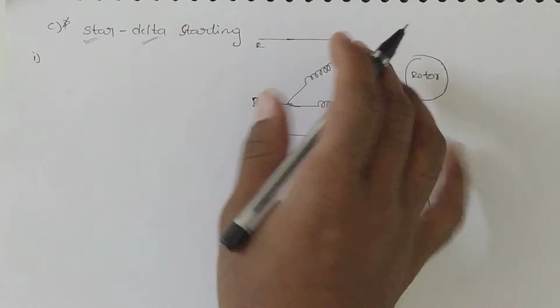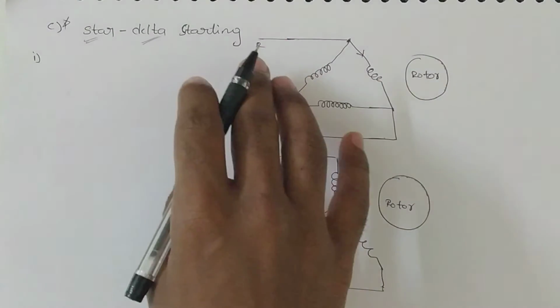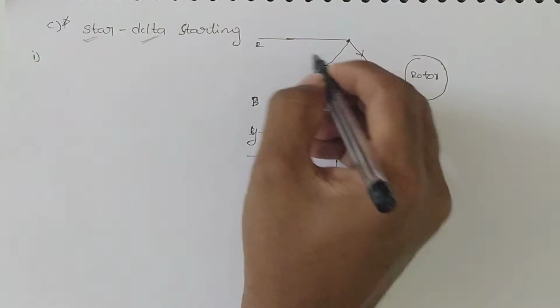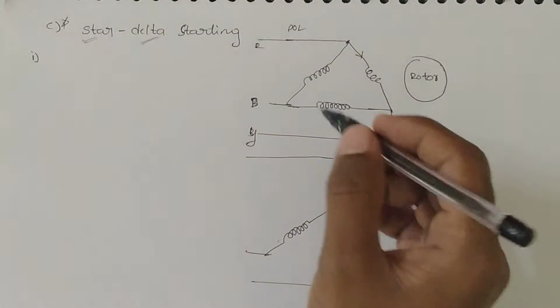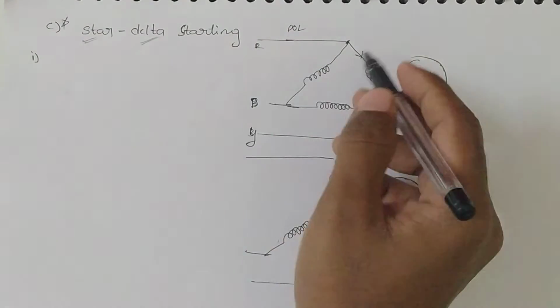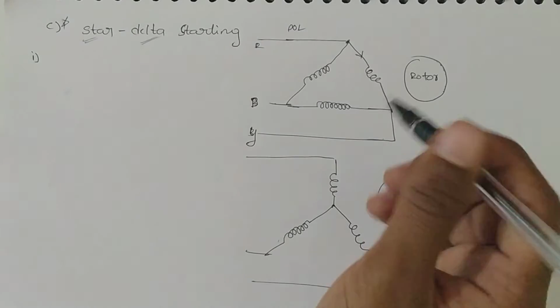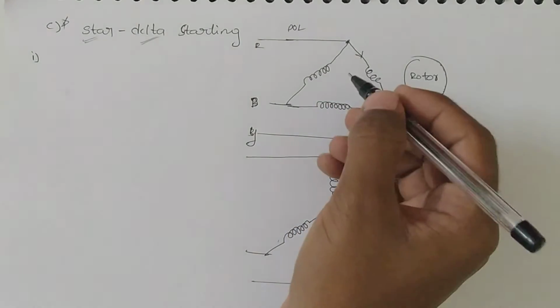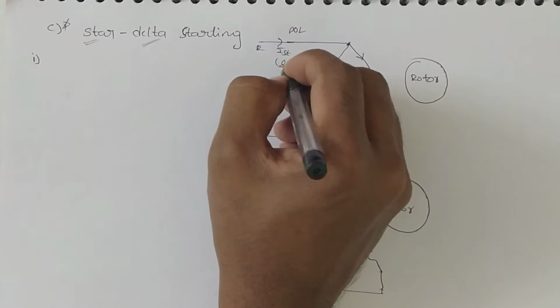Now, this is the normal connection without any starter, where I am connecting the motor in delta. This is a DOL, so directly I am connecting voltage to the delta connected induction machine. Let's see what the starting current is. This is the starting supply or line current.